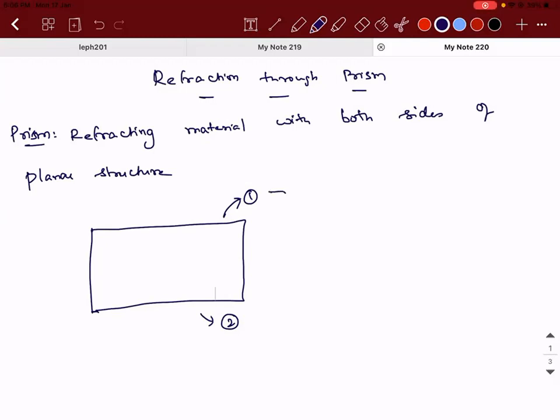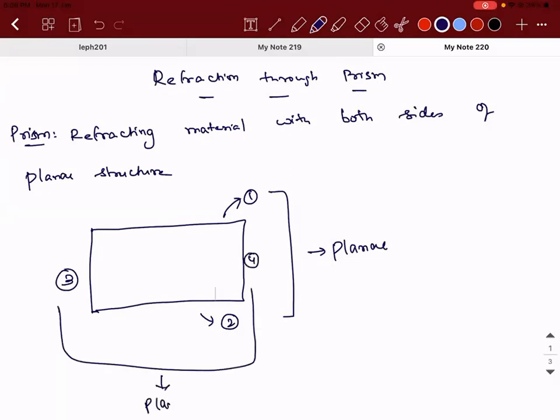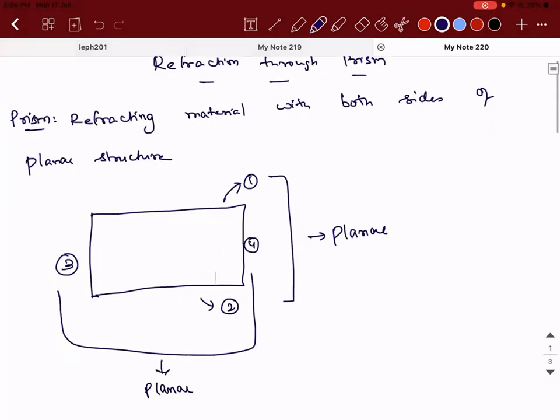If you observe, both these surfaces are planar in nature. Similarly, I have third and fourth. If you take these two surfaces, they are planar in nature. So if you ask me a question, can I call this as a prism? The answer is yes. I can call it as a prism, and I'll give a prefix to it, which I will call as a rectangular prism.